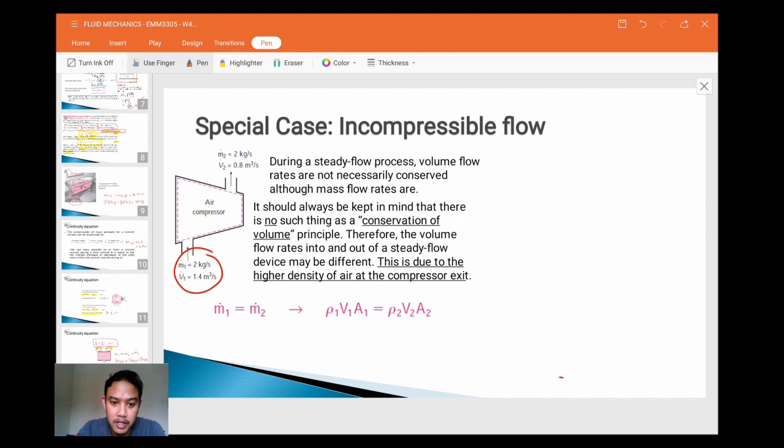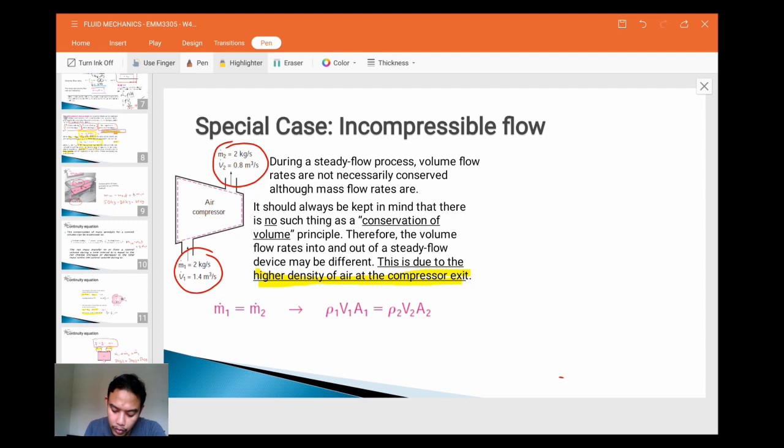But after passing the process in the air compressor, you will notice that the mass flow rate remains the same, which is 2 kg per second, and the volume flow rate is reduced to 0.8 meter cube per second. Why this happened is due to the effects of higher density air at the compressor.